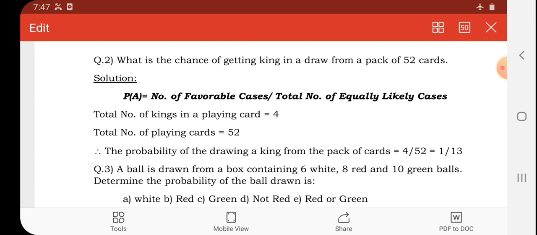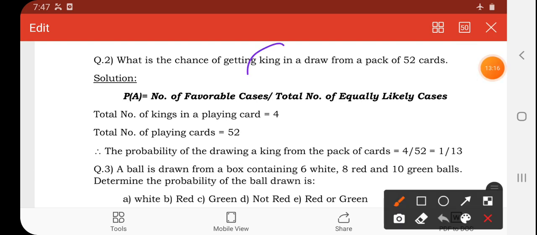Now the question is, what is the chance of getting a king in a draw from a pack of 52 cards? From a pack of 52 cards, what is the possibility of getting a king? Therefore, there are how many sets? There are 4 sets. In all the sets, 1 king is there, 1 queen is there, 1 J is there, 1 A, then 2 to 10. So total 13 cards are there in each set.